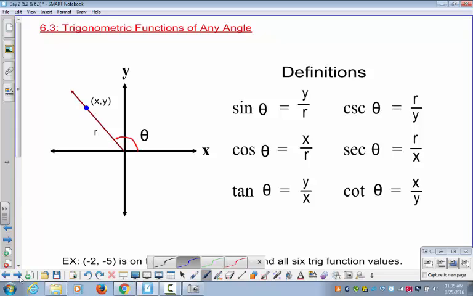Up until this moment, we've only been dealing with acute angles, between 0 and 90. Now we're going to extend that definition so that the new definition matches the old definition, the ratio definition, opposite over adjacent, opposite over hypotenuse. But this expands the range of angles that we can use.